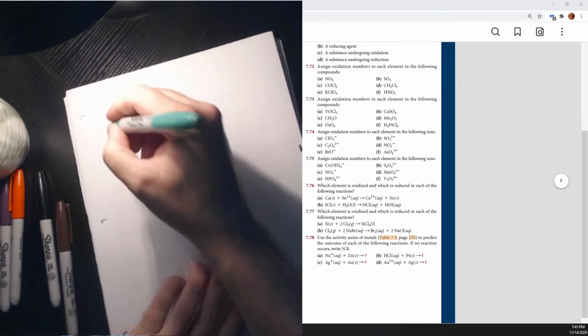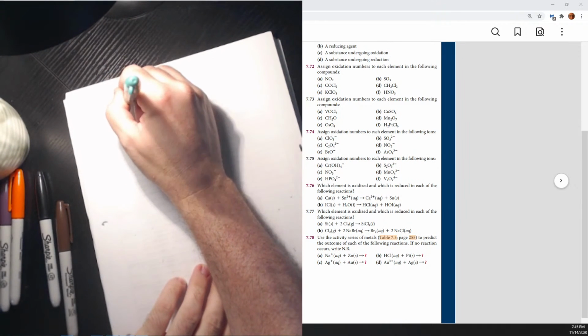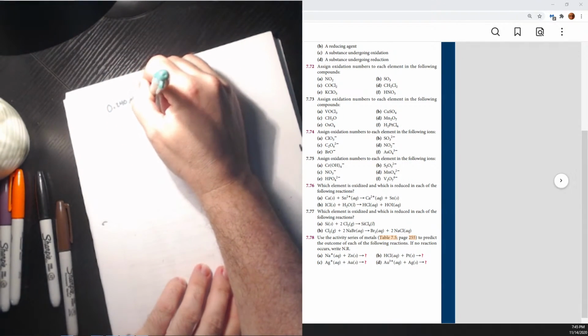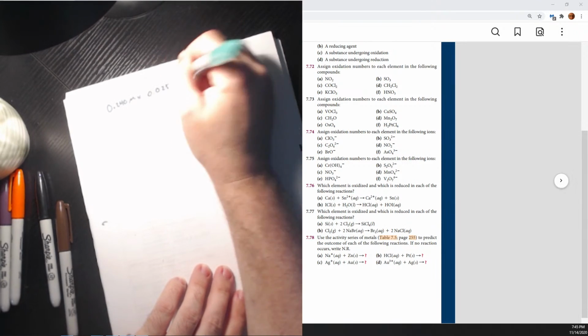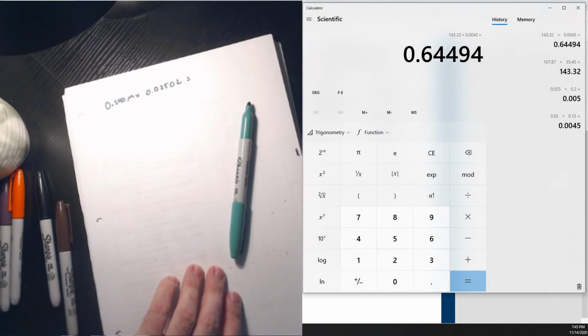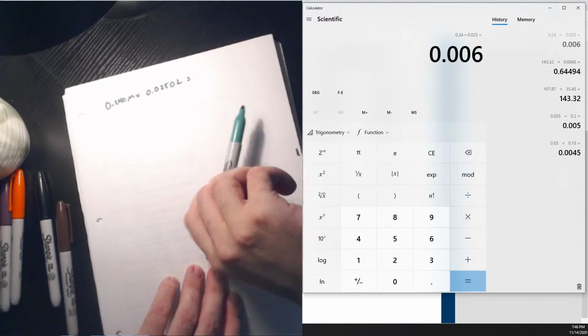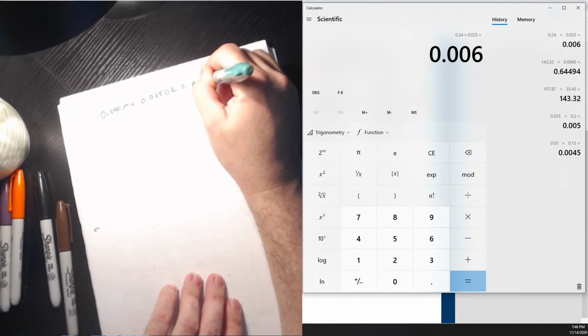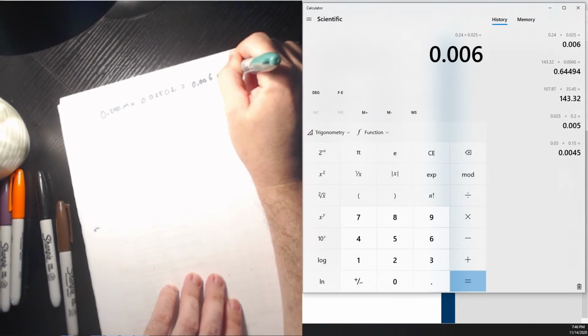25 mils of 0.24 molar is 0.240 molar times 0.0250 liters. 0.24 times 0.025 gives 0.006 moles of our lithium hydroxide.